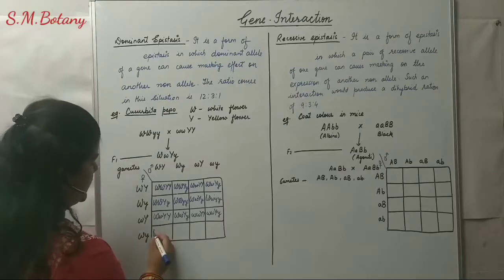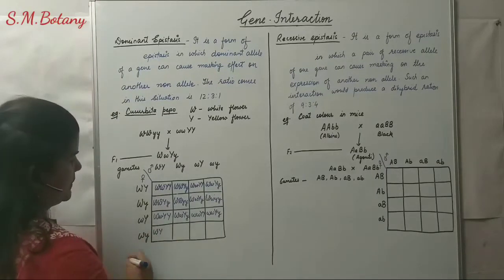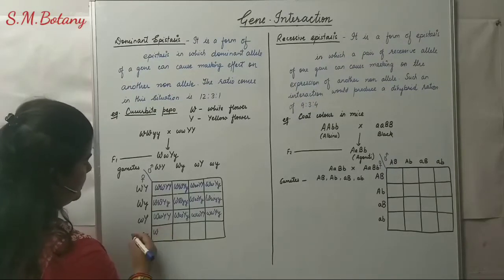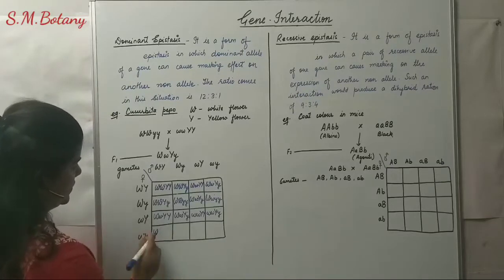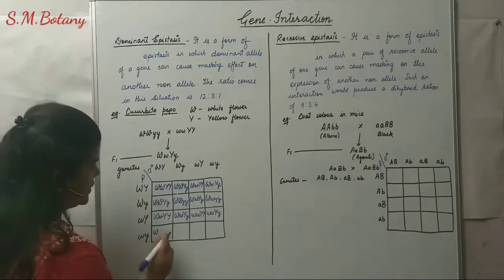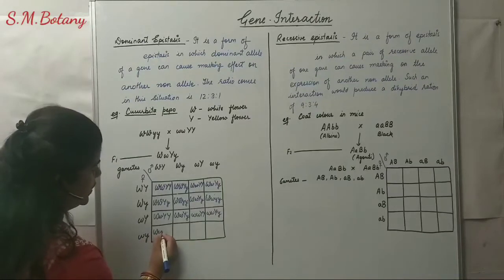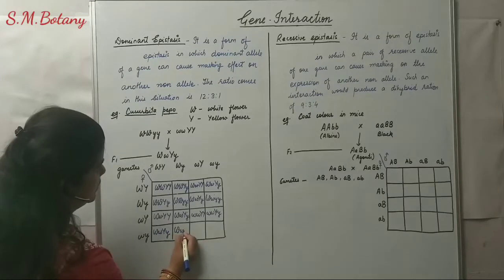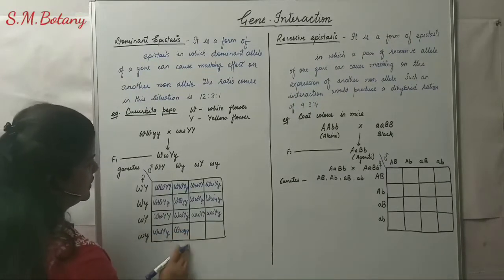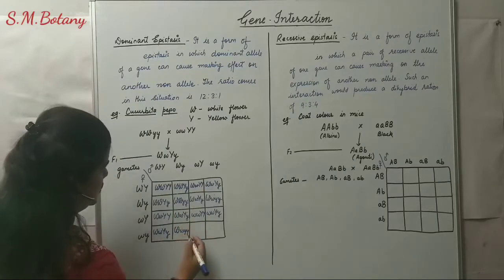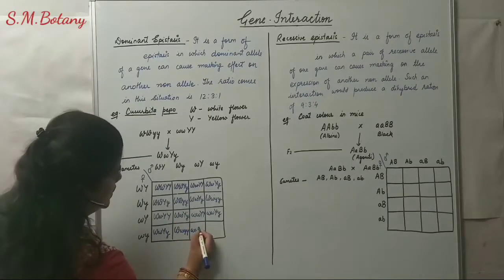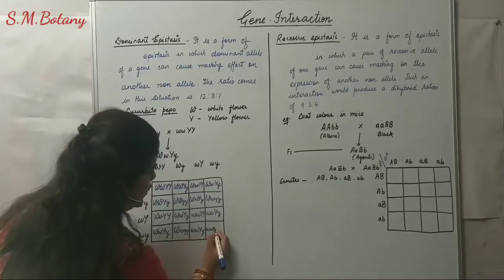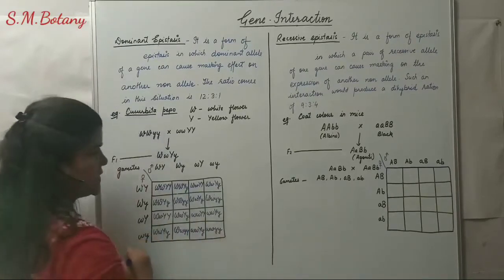Now in the last row, capital W, capital Y, small y. Now again capital W, small y. In the third offspring of this row, small w, capital Y, small y. Fourth offspring shows all the recessive alleles.